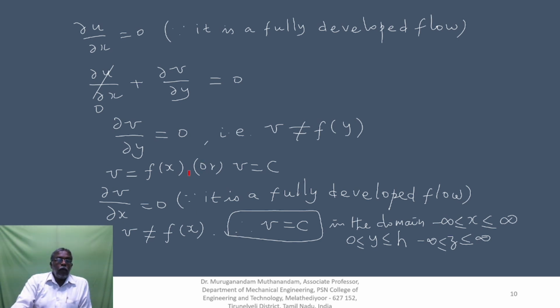Initially we told that v may be a function of x, but based on this fully developed flow condition, v is not a function of x. So, what is the remaining possibility? V is equal to constant. That is the only possibility based on the given conditions.